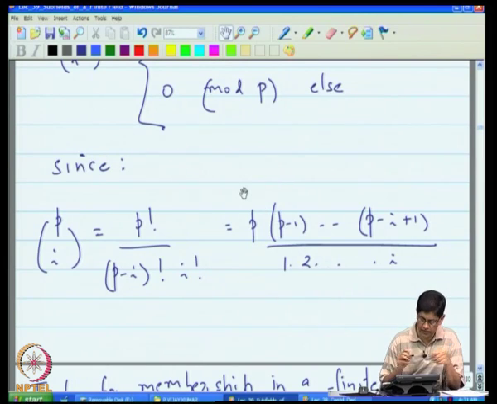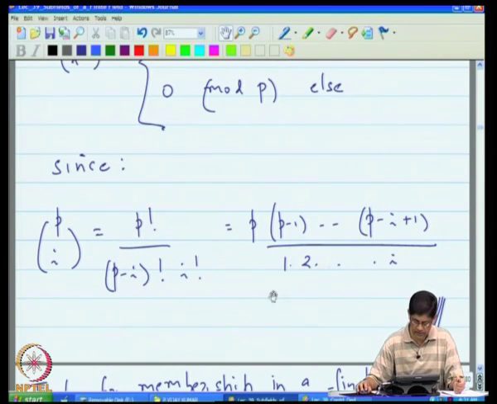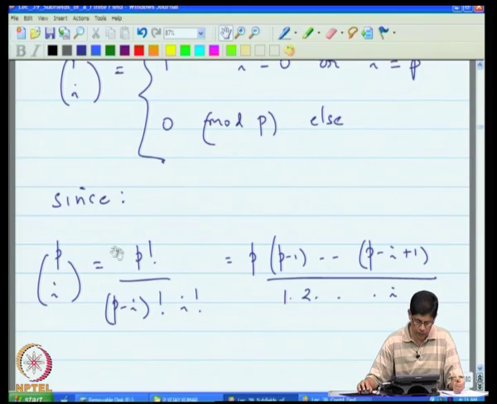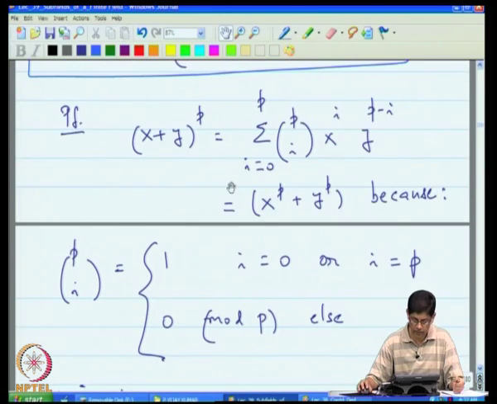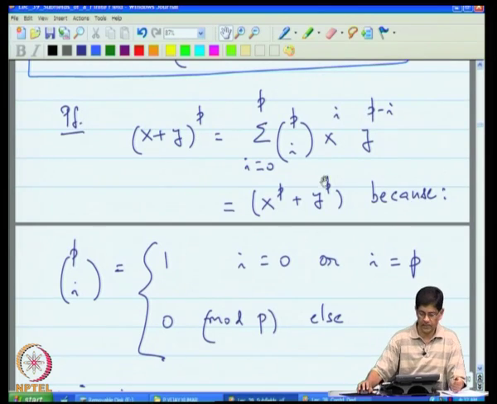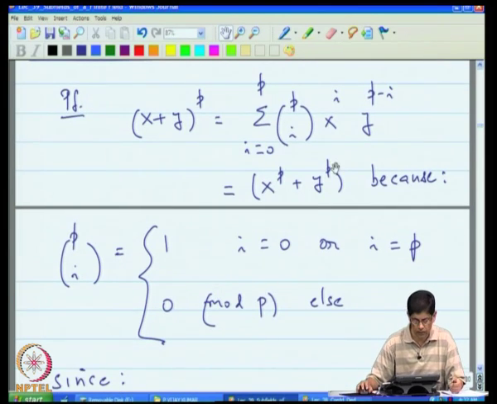So it follows that P divides this entire quantity, and hence when you go modulo P, this thing becomes 0. So that explains why you have a rather simple binomial rule over finite fields of characteristic P. You just bring the P below.